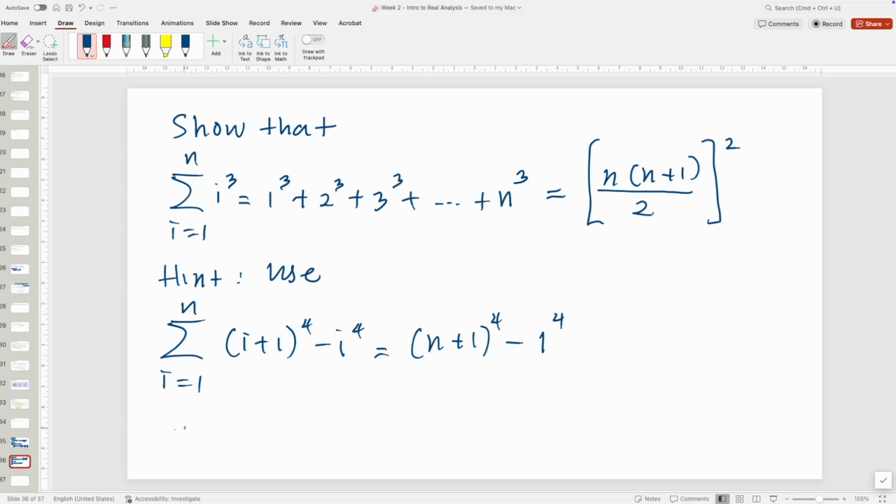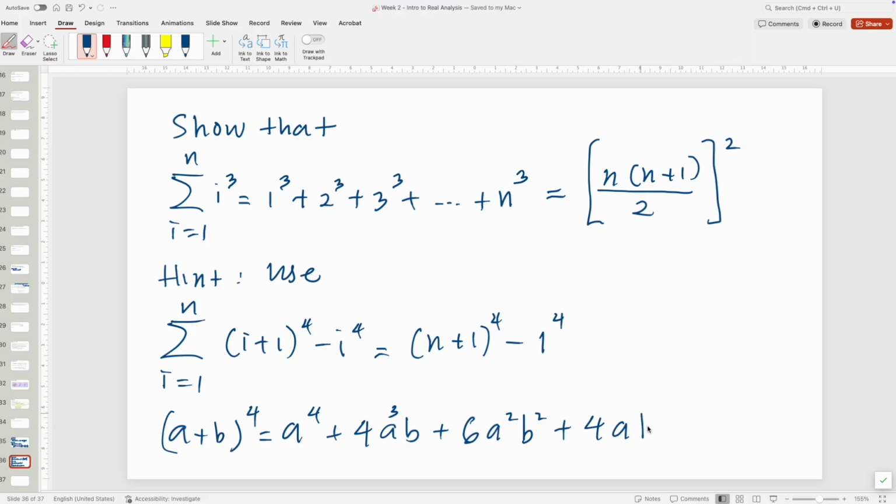Another hint: (a+b) to the power 4 is what? a to the power 4 plus 4a^3 b plus 6 a squared b squared plus 4 a b cubed plus b to the power 4. Quite long, but you can try, as the exercise or assignment given.